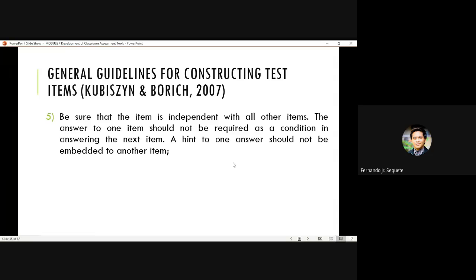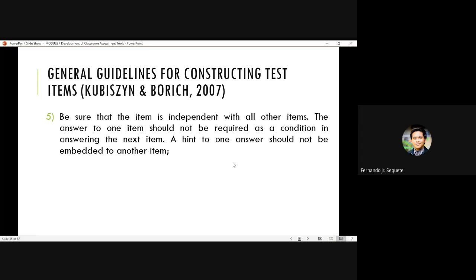Ang ibig sabihin for the number five is that there are items kasi na if you are to read that item, para yung next item is konektado siya sa previous item. Parang ganyan. No? Or there are grammars na hindi natin makakaligtaan, especially kung yung teacher is hindi naman gaano ka-careful sa grammar, no?